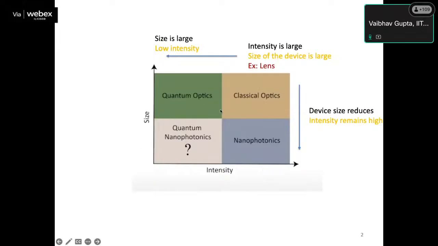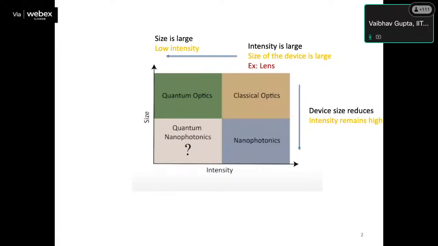For example, nonlinear crystals, BBO crystals, which we use to make single photon sources. There we use bulky optics, but we are dealing with very low intensity, picowatt. And in future, there might be a domain of quantum nanophotonics, where we will reduce the size as well as intensity.